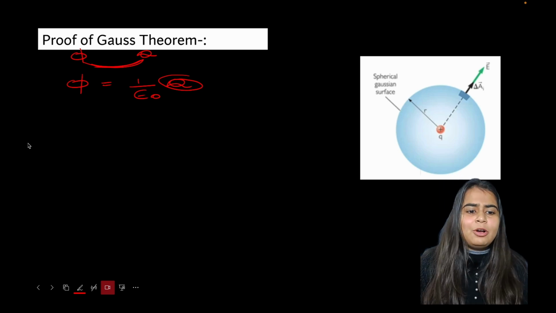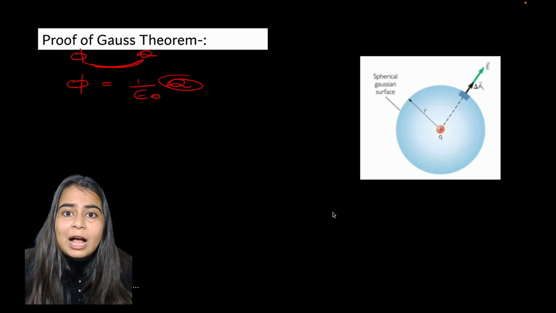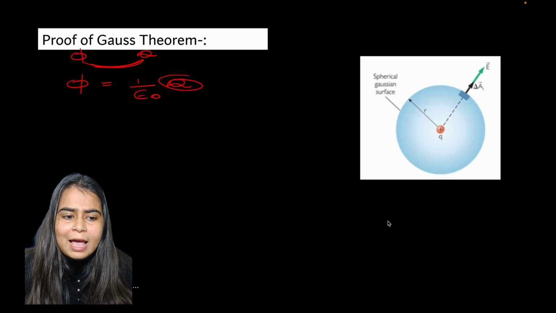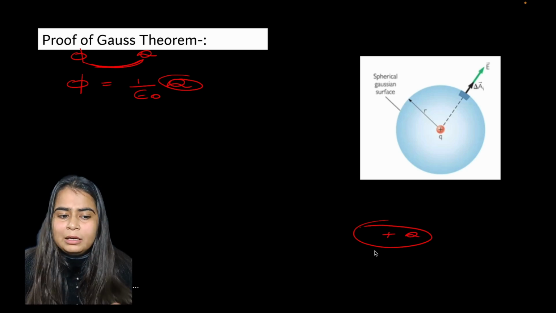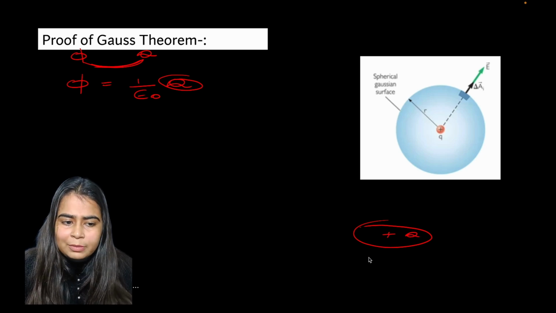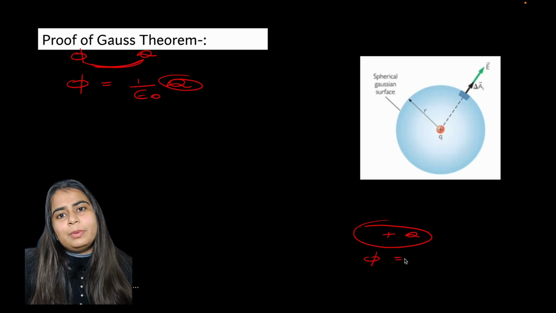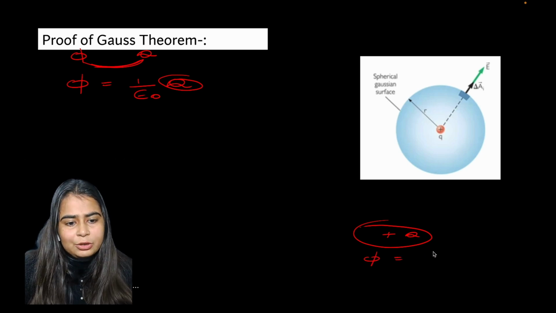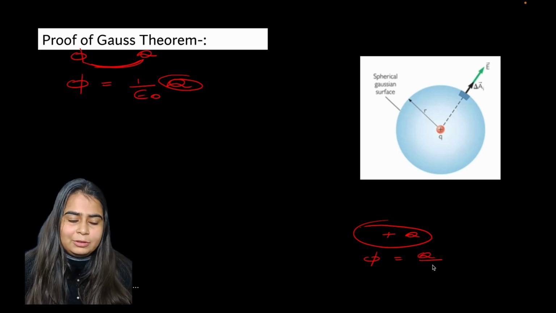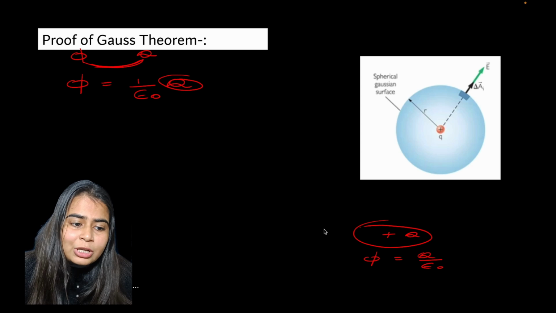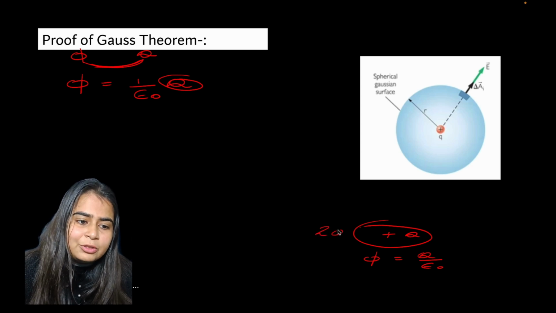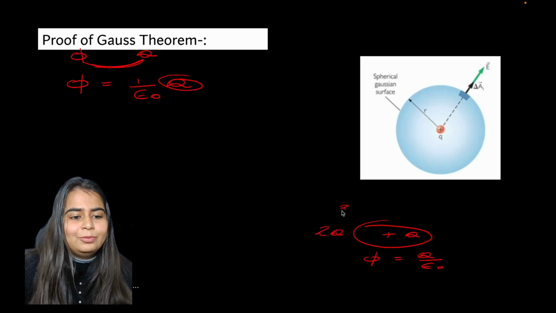Now understand the meaning of this. What is the meaning of charge enclosed? Let us say I have a closed surface and I have kept a charge plus q inside it. Then according to Gauss theorem, the flux associated with it can simply be written as q by epsilon naught, right? But what if there are two charges lying outside the surface, 2q and 3q?